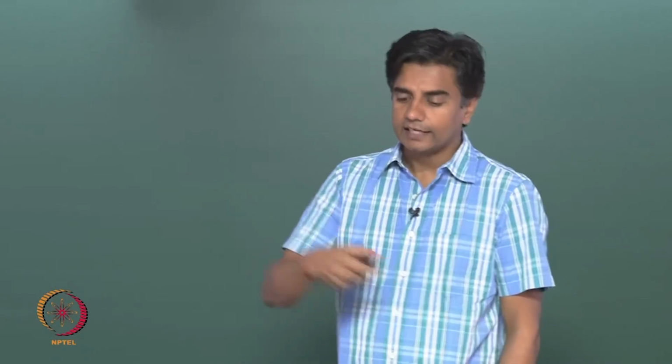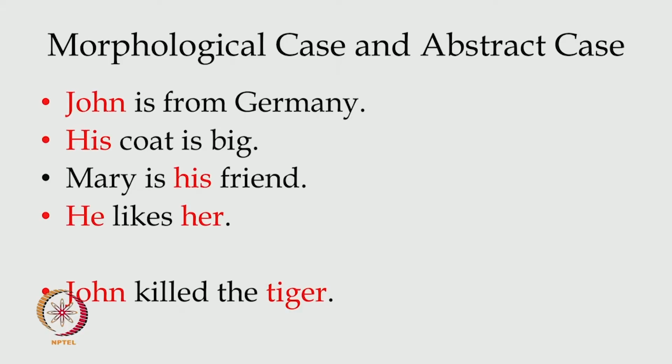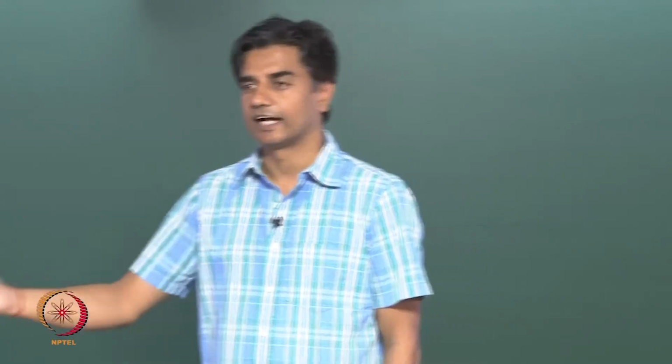Now we want to see, if we have a sentence, okay, fine, he likes her, we can at least see something. If I tell you he is a nominative case and her is accusative case, you have some evidence to believe it, right? Even on the basis of this chart, you have some evidence to believe it.